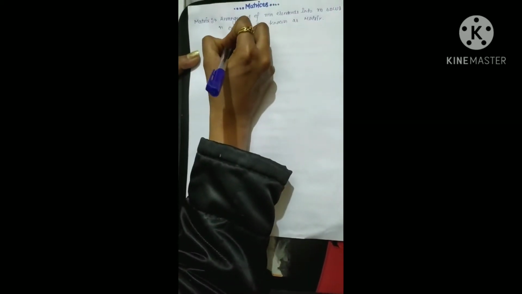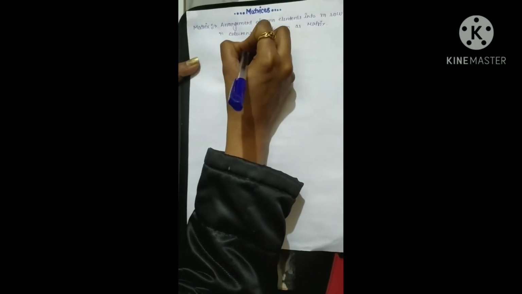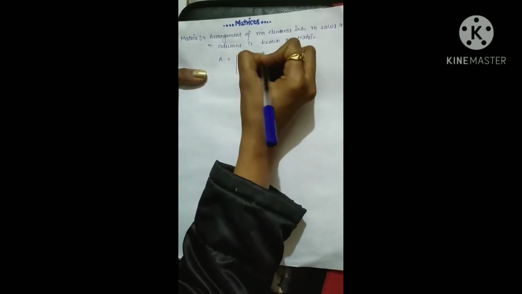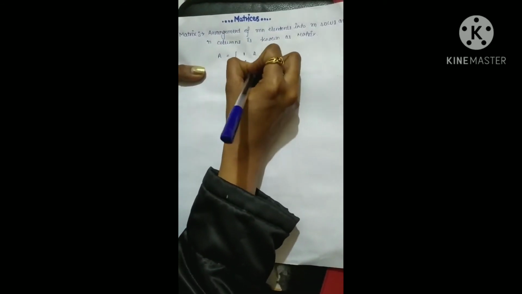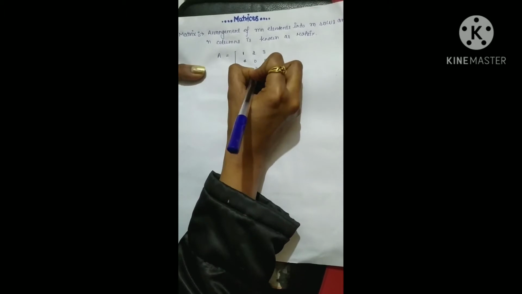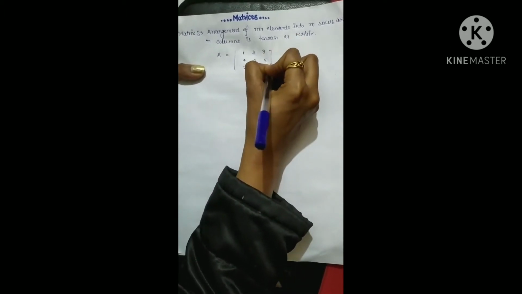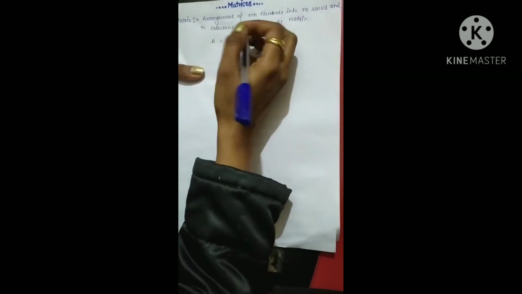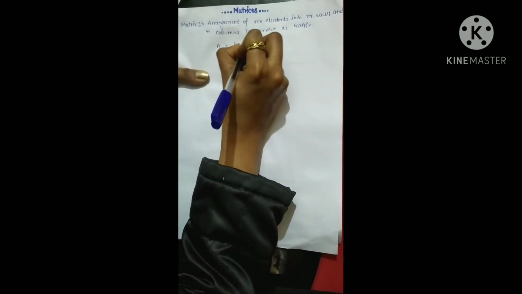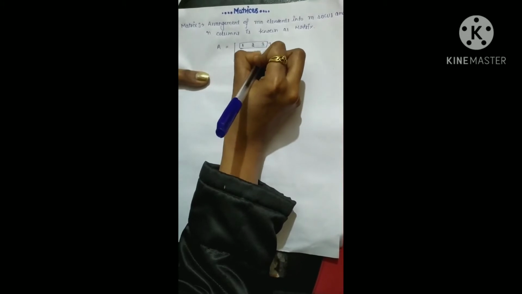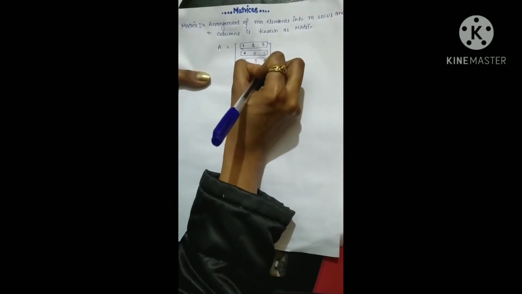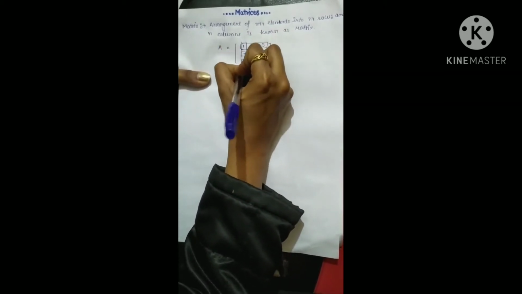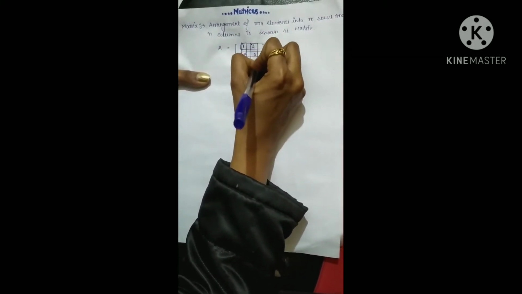For example, we will take an example of a matrix. This is the pattern to write the matrix. These are the rows of the matrix, and these are the columns of the matrix.